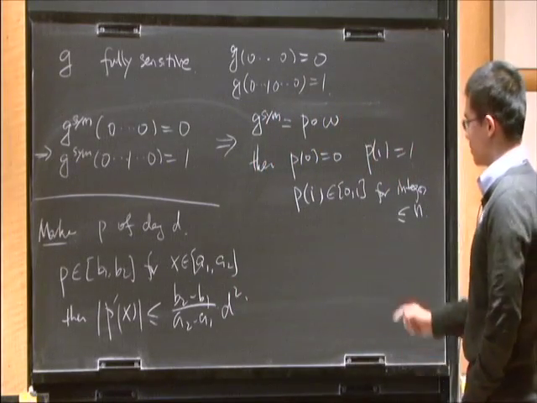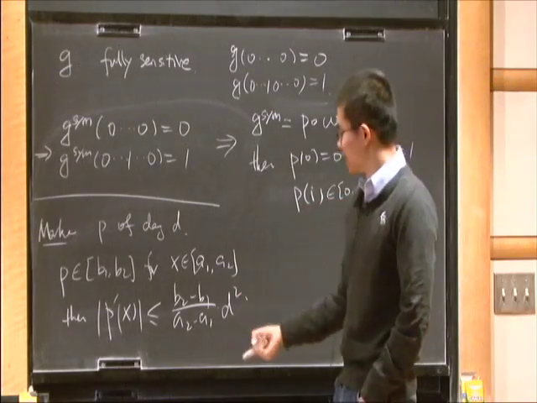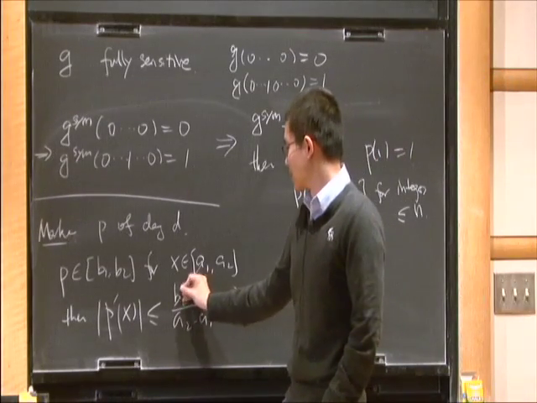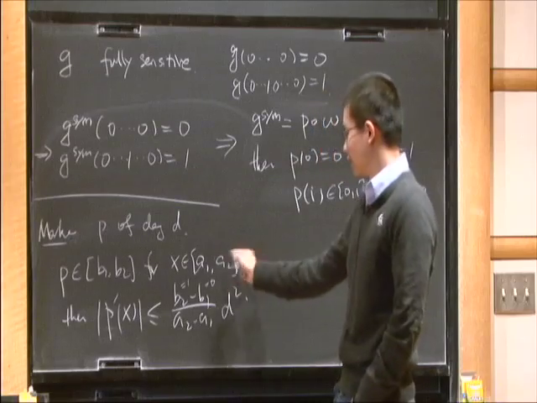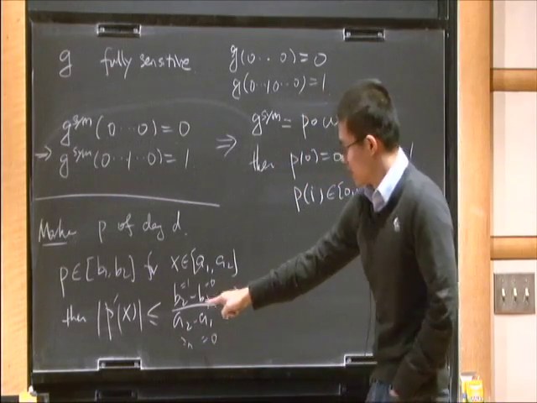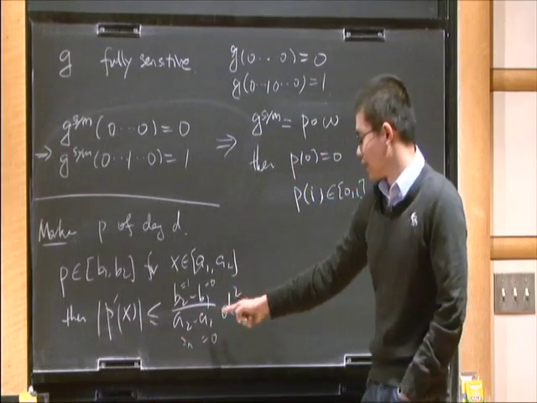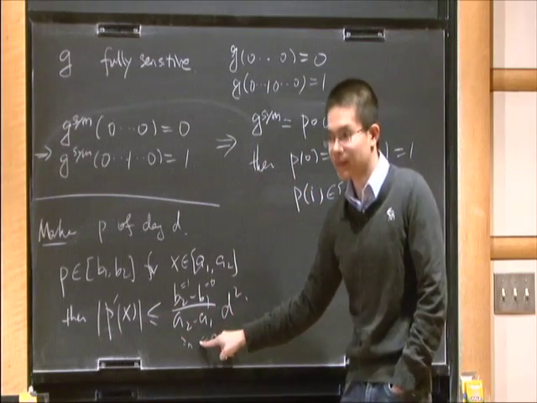So for example, if p is in 0 to 1, then b2 equals 1, b1 equals 0, and the range is 0 to n. Then we immediately get that the first derivative is always bounded by d squared over n.